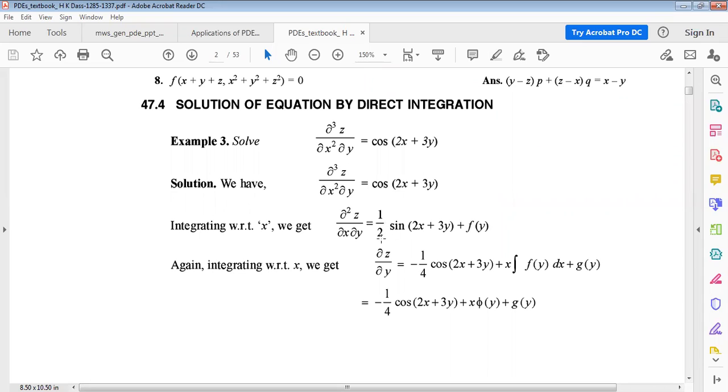This is why we divide by the coefficient of x. Then there will be an integral constant. Remember it, the integral constant will be a function of y.